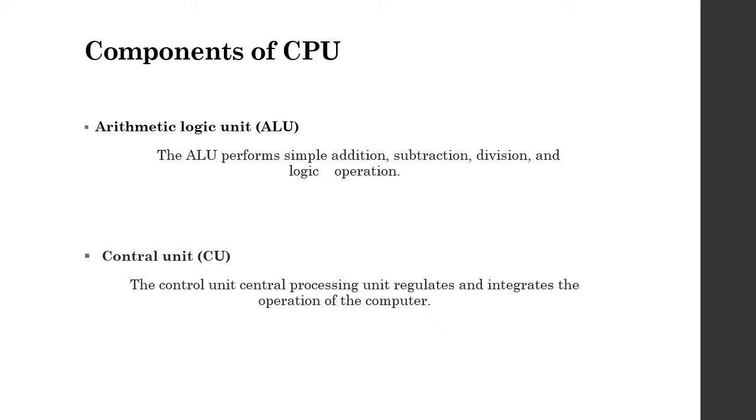The second main component of the CPU is the control unit. The control unit manages the various components of the computer, and mainly all those components of the CPU are located on the motherboard.